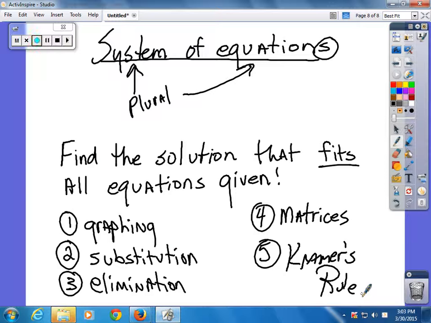Now, with graphing, we're going to find the intersection of two what? Two lines. With substitution and elimination, you're going to use algebra with both to find the same solution.